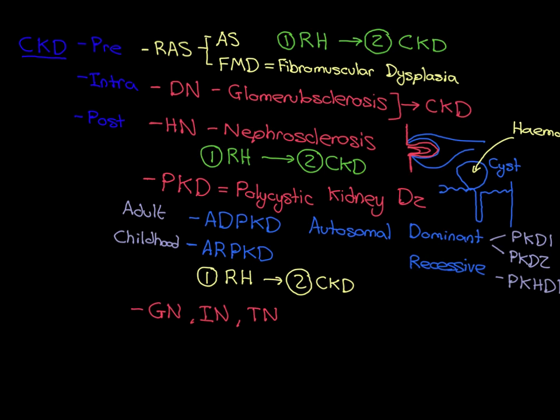So that's why I put it there as a separate category of presentation for kidney disease. And you can see now that it is the one that often precedes CKD in these diseases. They initially give rise to a period that may last many years of that picture before you then get enough nephrons being lost that it develops into a CKD picture.